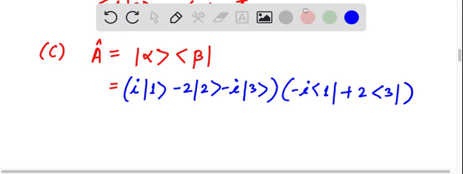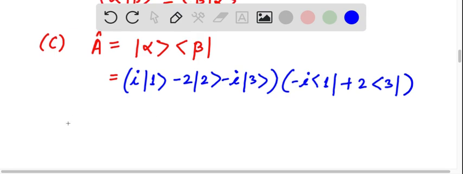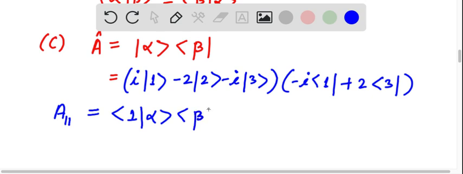So from here, let's find out the elements of this matrix, that is A11, the first element. It is found as ⟨1|alpha⟩⟨beta|1⟩.